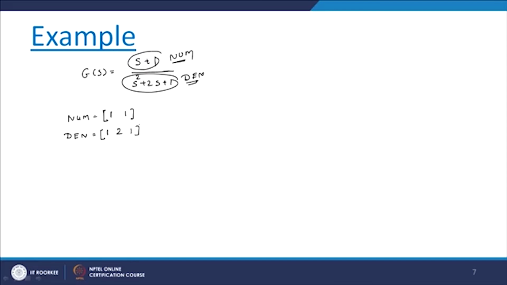So numerator we have entered, denominator we have entered, and as I discussed, this is sys, transfer function model, that is equal to TF numerator comma denominator. This gives you in MATLAB the transfer function model as s plus 1 over s square plus 2s plus 1.